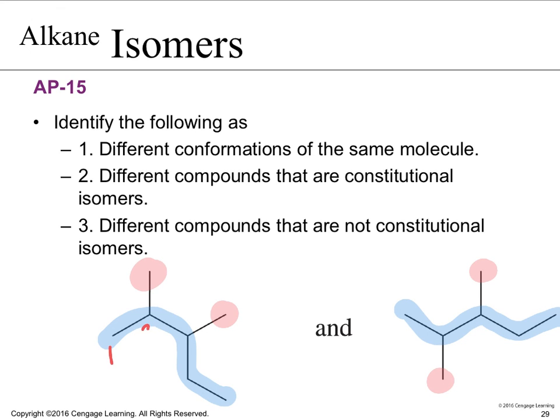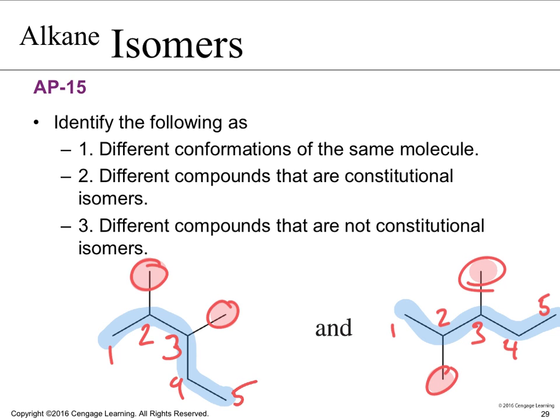So if I do 1, 2, 3, 4, 5, I've got those CH3 groups on 2 and 3. If I number this one, I can also get those CH3 groups on 2 and 3. So these are the same as each other, meaning they're conformers, number 1. Things are just rotated around. So at first glance, they look very different, but they are not.